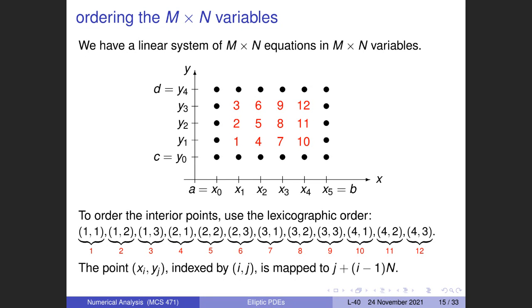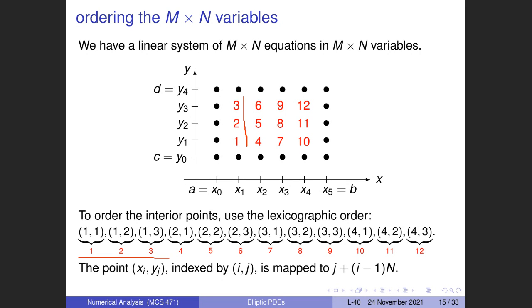So the first letter is 1. Here we first take, as we order this, 1, 1 is smallest, so it comes first, then 1, 2.